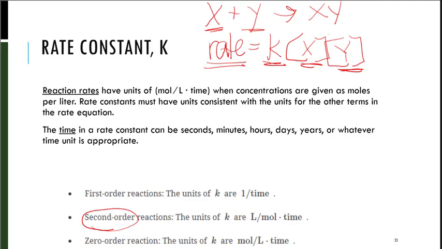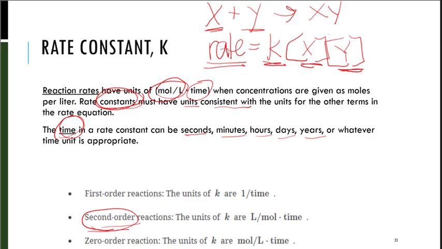Reaction rates have units of moles per liter over time. So molarity over time, when concentrations are given as moles per liter. Rate constants must have units that are consistent with the units for the other terms in the rate equation. Now, time could be in seconds, minutes, hours, days, years, whatever.